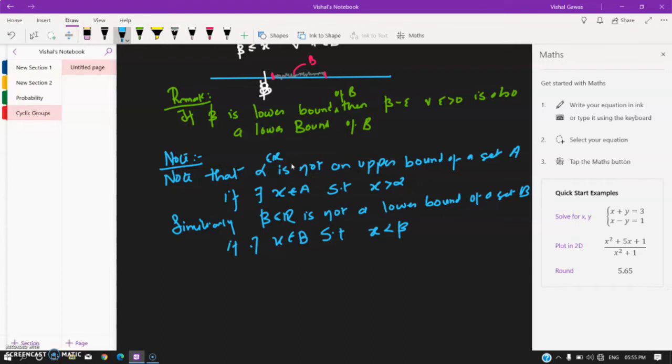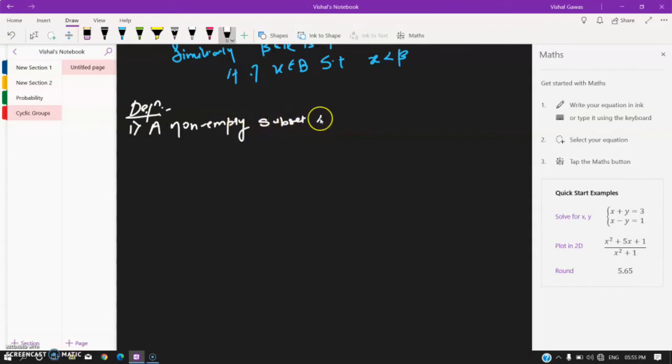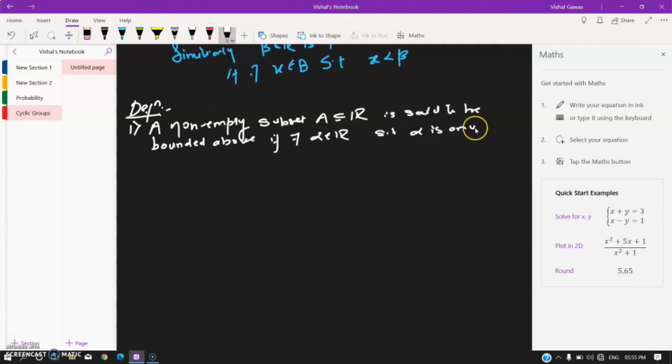Right, let's look at more definitions. Definition one: a non-empty subset A of R is said to be bounded above if there exists alpha in R such that alpha is an upper bound.